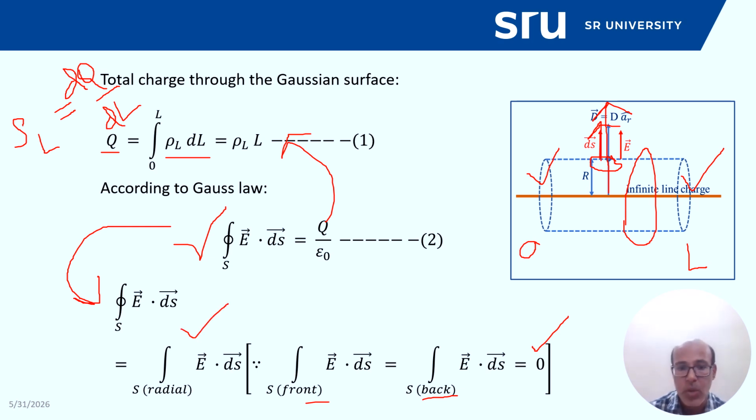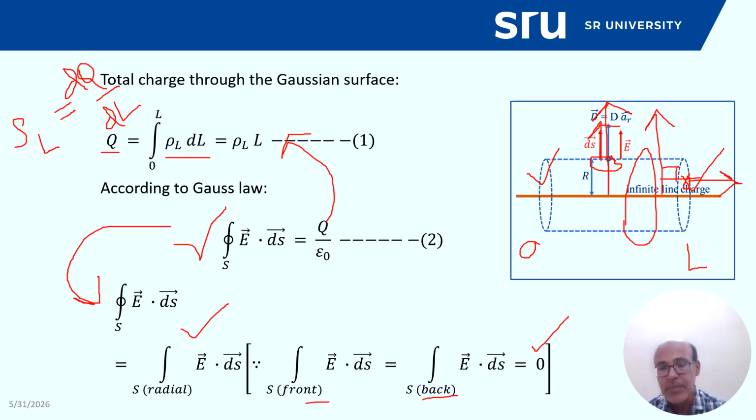And what is not there is front and back. Now let us say due to the line charge, this is the electric field, and on this front or back, or left and right, whatever you call it, this is the elemental surface and the vector. So both make 90 degrees.